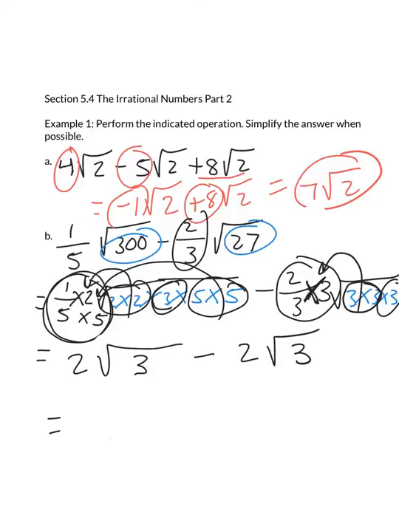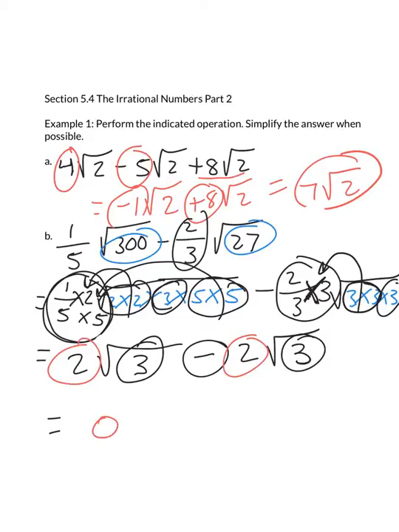So now that we've simplified, check out our numbers under the square root symbols. They match. Square root of 3, square root of 3. Since they match, I'm allowed to subtract finally. Yay! So looking at the numbers in front, 2 minus 2 is 0. Bring down what you're counting. You're counting square root of 3's.